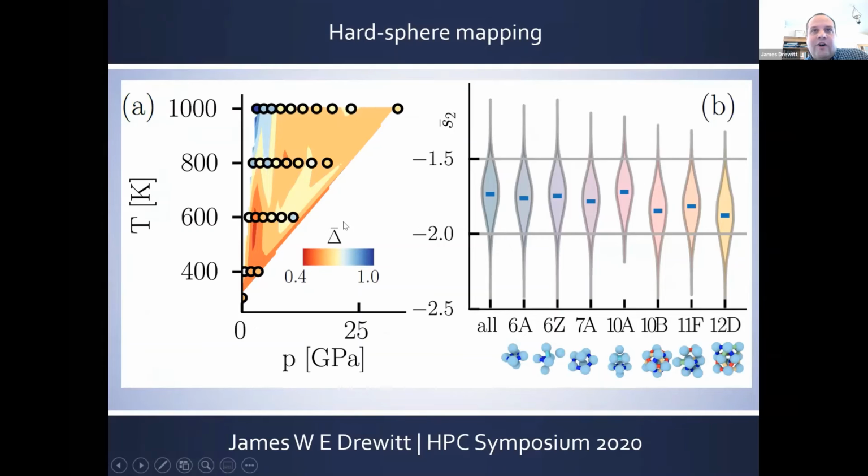we then defined a scoring function delta to illustrate the deviation of the ab initio model from this hard sphere structure. And this is shown here on the left figure by this contour map, where blue indicates the largest deviation from the hard sphere model through to orange and red contours representing the closest to hard sphere structure.